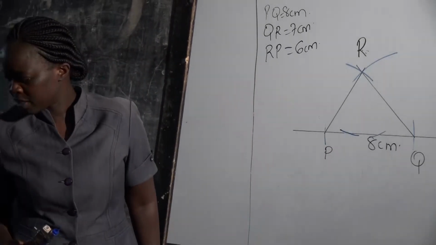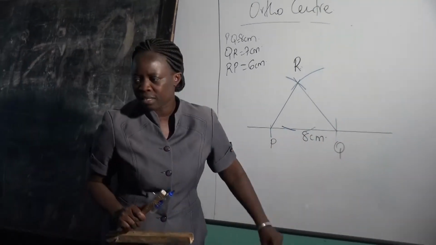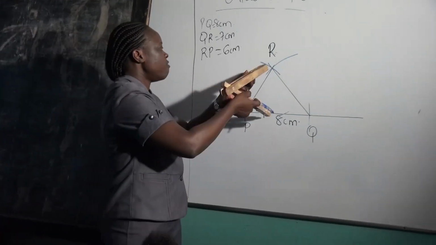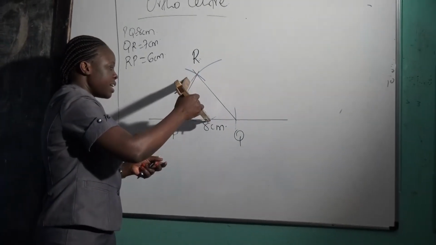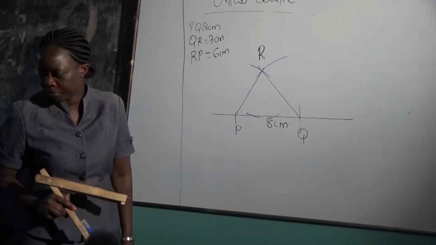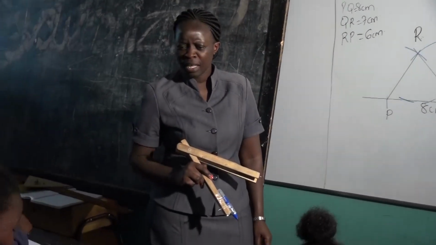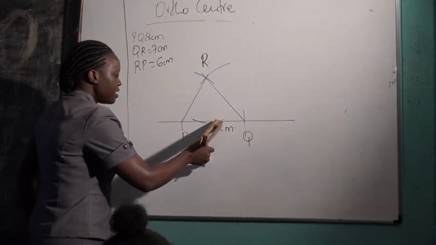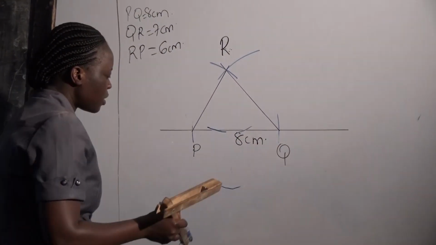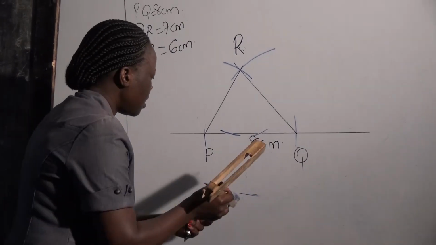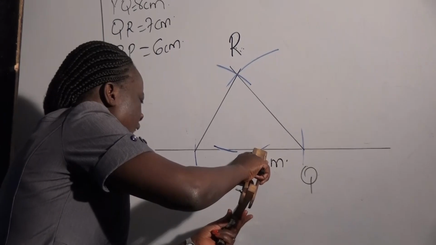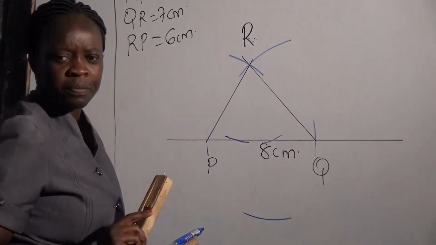So each person make 2 arcs on PQ. But from where? From R, like that. So there will be 2 arcs. Using your pair of compass, stand on the first arc like this, make another, so stand here and make another arc down.